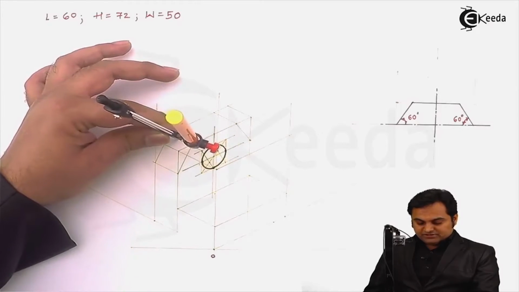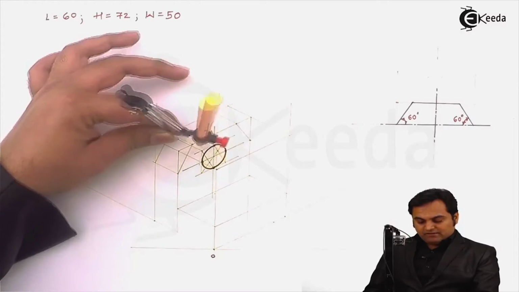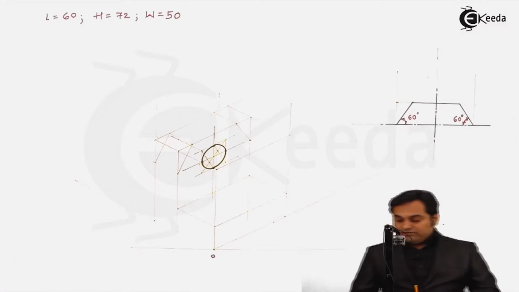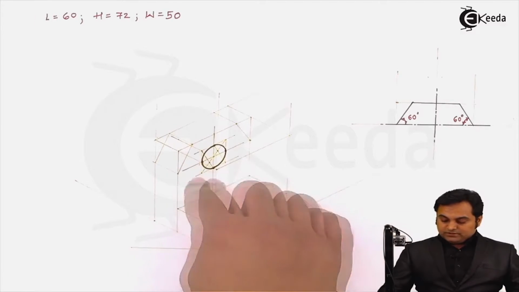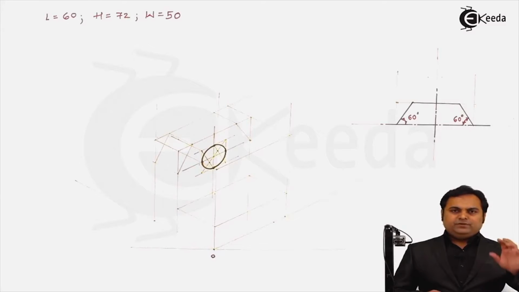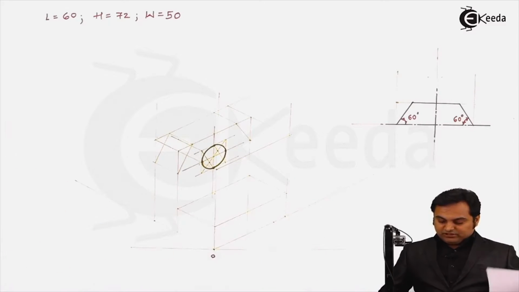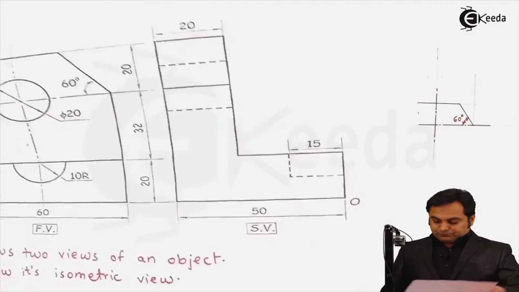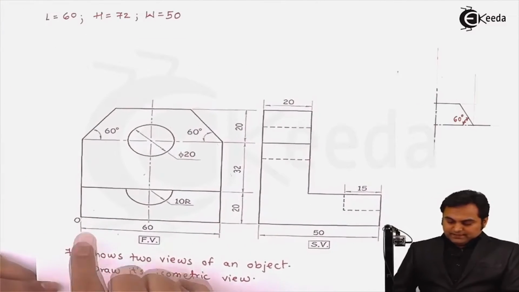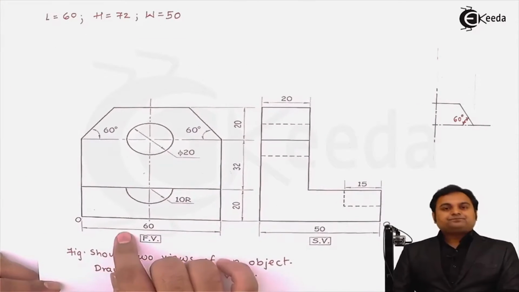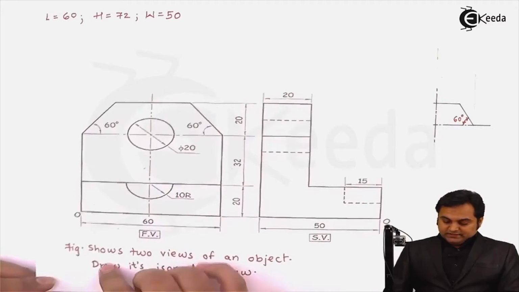But here, since it is crossing the diagram, I won't be drawing it. So it means we have to leave this circular hole as it is, and it will be understood that this hole is throughout.